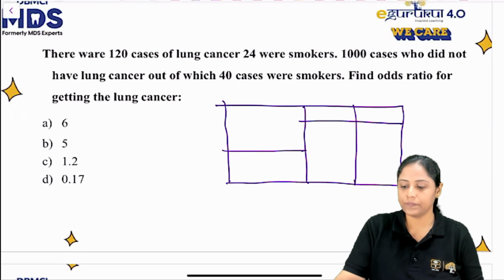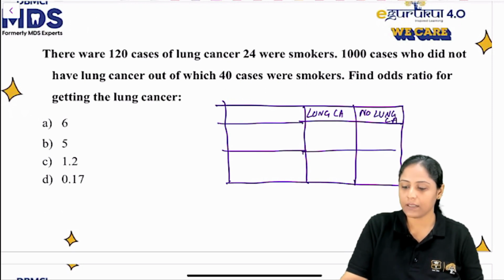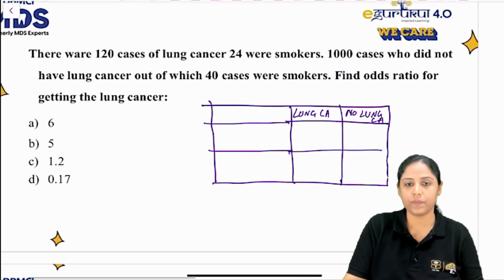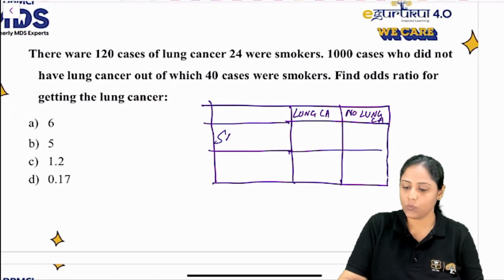For the columns, we write people who had lung cancer and no lung cancer. And in the rows, we mention the exposures, that is smoking present and non-smokers.